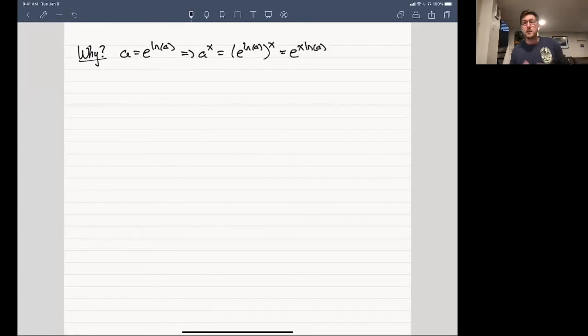So now you can see that the proper, technical, mathematical way to raise a number to a power is e to the x ln a. So now the question is, what is the derivative? We're just sort of getting peppered with definitions today.